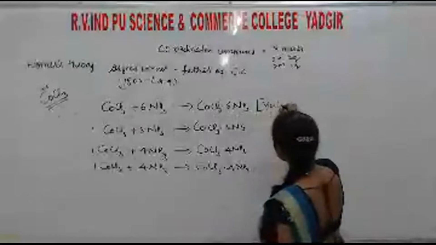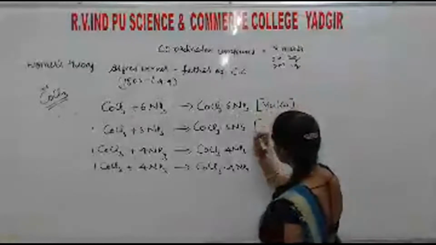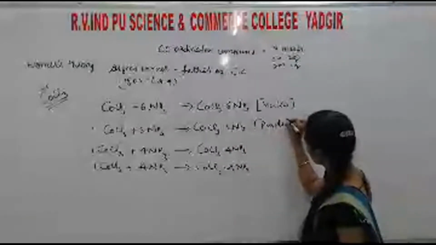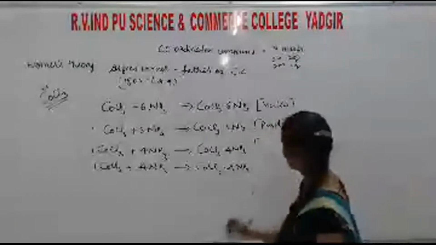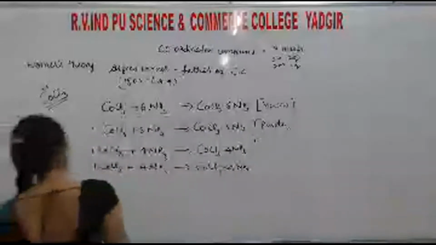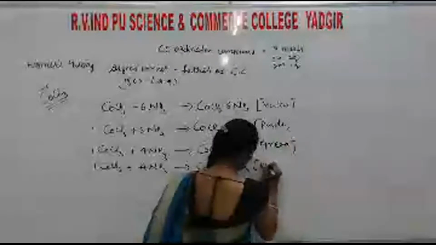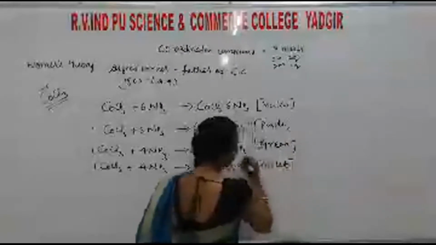Here we will get yellow color. When we get this compound, we will get purple color. Here it is again green. Here it is violet.